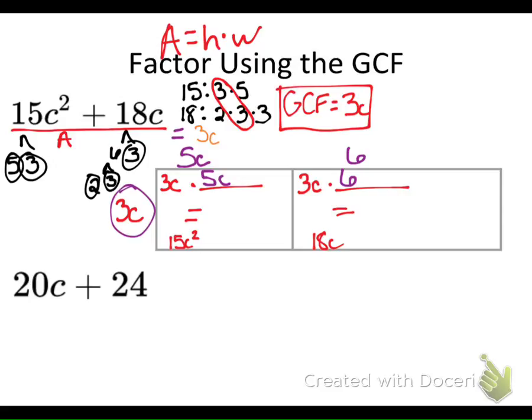Yeah, I know, I just wrote in it by accident. See how my equal sign is kind of to the bottom of it? That's my way of fixing it. So we have 3C for our height times 5C plus 6, close parentheses. And that's your answer. 3C is our height. 5C plus 6 is our width.